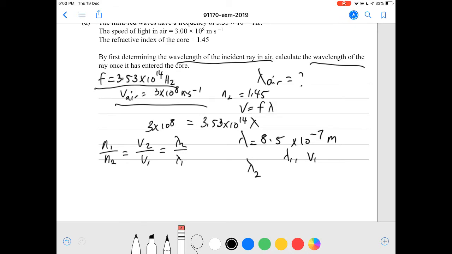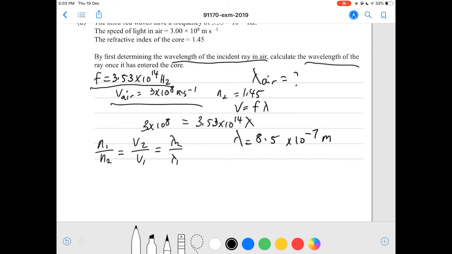Oh, actually, I just realized something. Actually, you have your N2 and you also have your N1 because it's in air, so your N1 is 1.00.